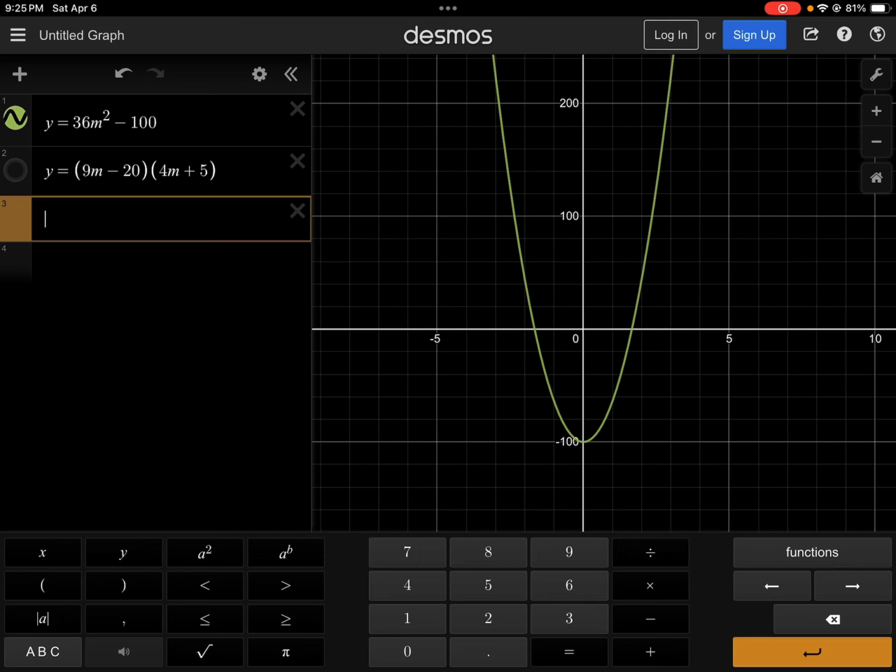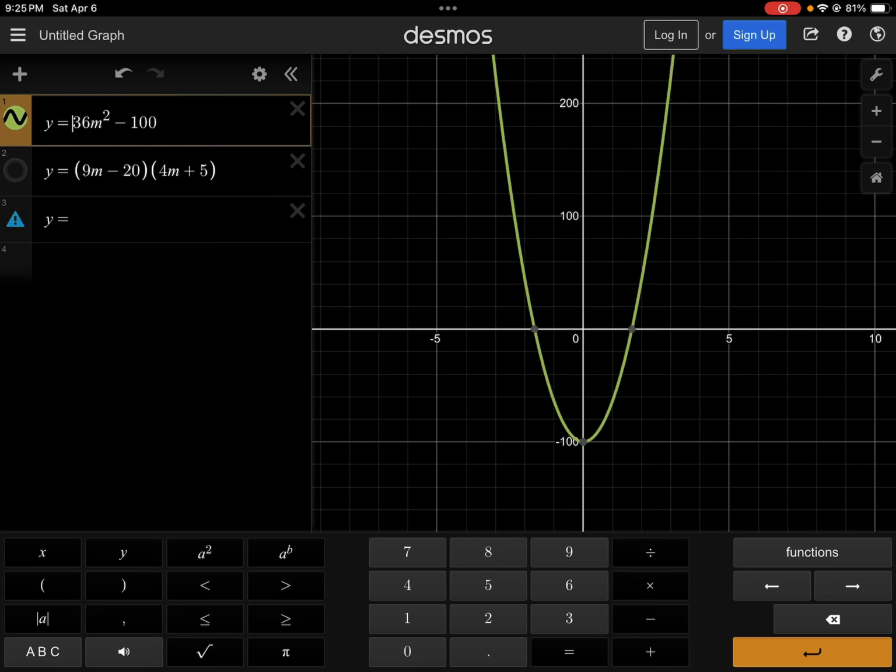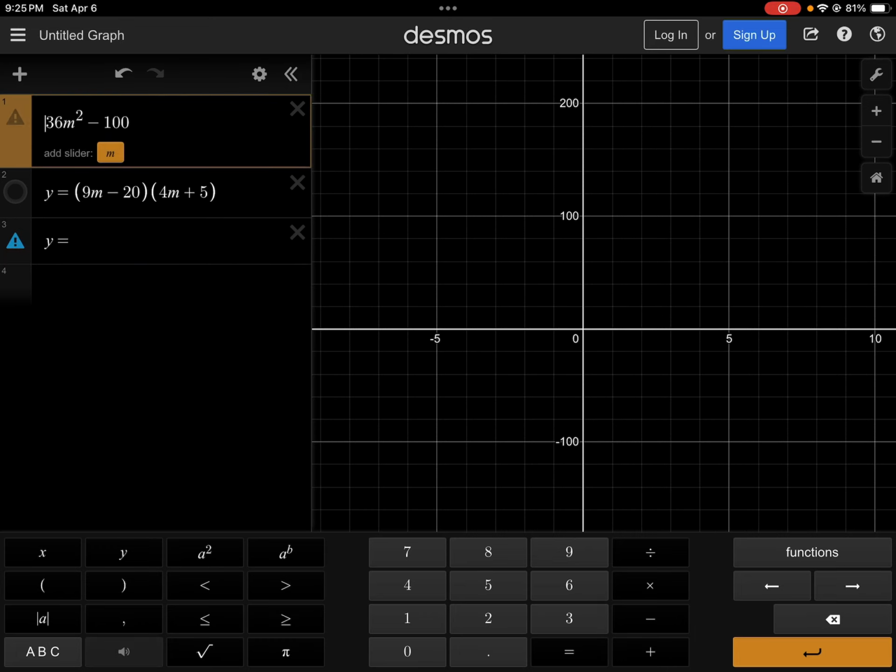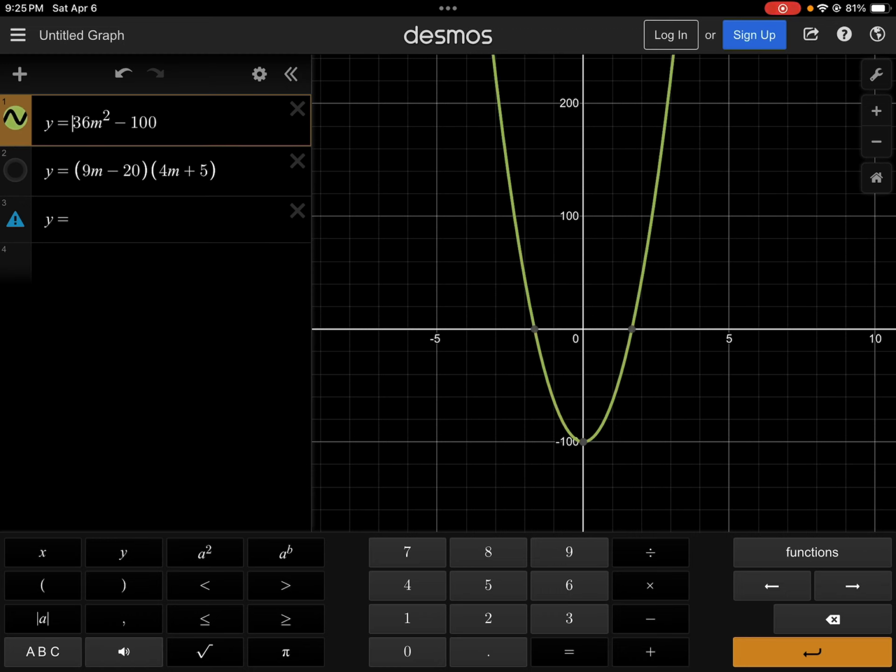Let's go to the next one. Y equals, you see that the y equals is not even given in the question, but we add it ourselves. If we don't put the y equals, especially in the first one, because we are not using x, it's not going to graph it, so let's just put y equals in everything.